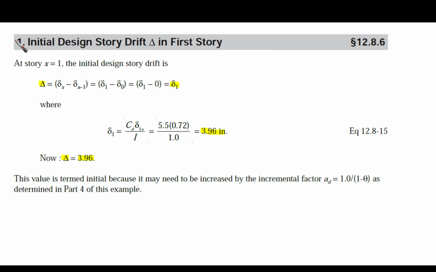Now let's go to the first requirement, which is related to the initial design story drift delta in the first story. It is actually easy to find. At the first story we have x equal to 1. Because this is the bottom of the structure, the first story, the bottom is 0. We do not have any deltas here, so delta x minus 1, which is delta 0, equals 0, and delta x equals delta 1.